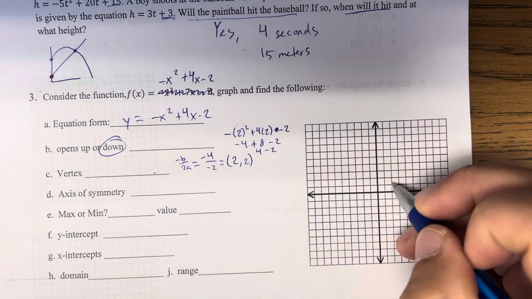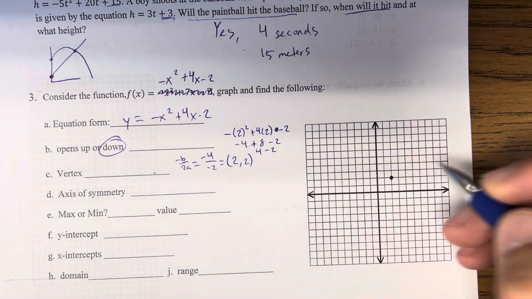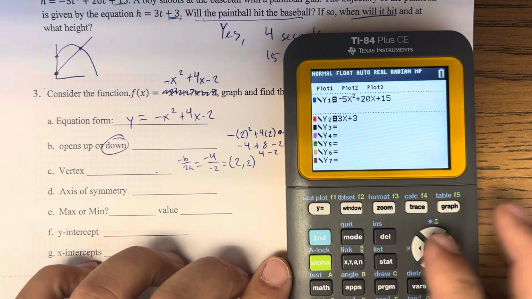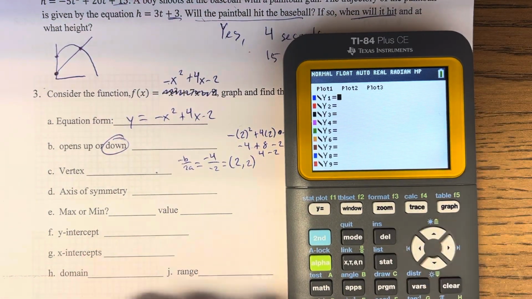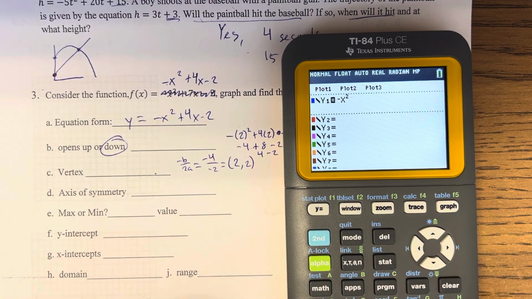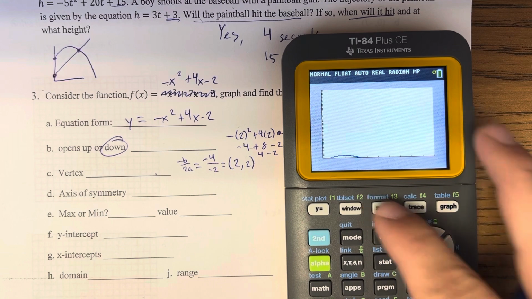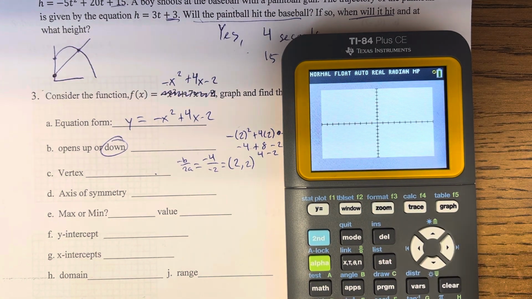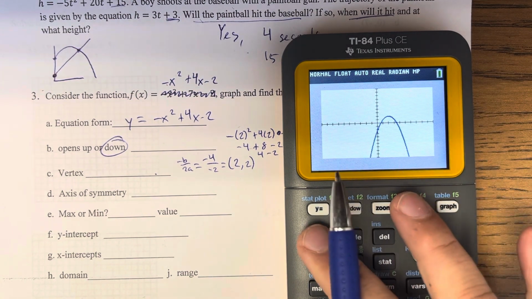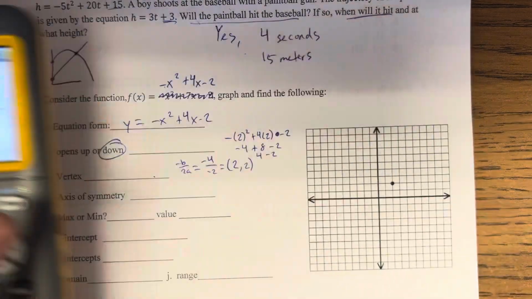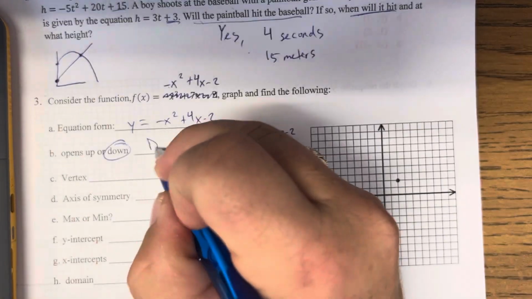And so we'll start at (2, 2). If we want, we can go ahead and graph in the calculator just to make sure we're graphing it correctly. So negative x squared plus 4x minus 2. Let me change the window back to our normal standard window. Just to make sure we got (2, 2) correct. Yep, looks good. All right. And so we'll start at (2, 2).